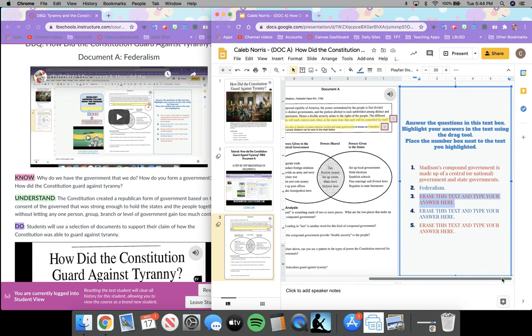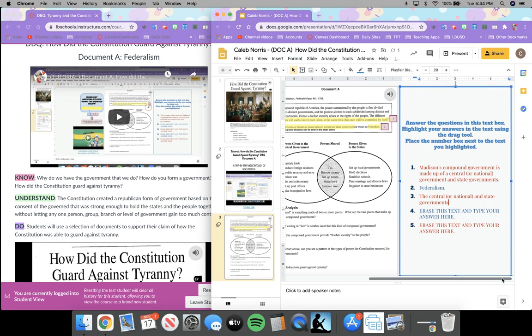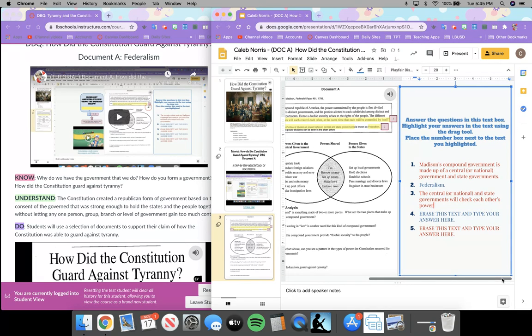Okay. Let's see, how do I want to answer this? The central or national and state governments will check each other's power.